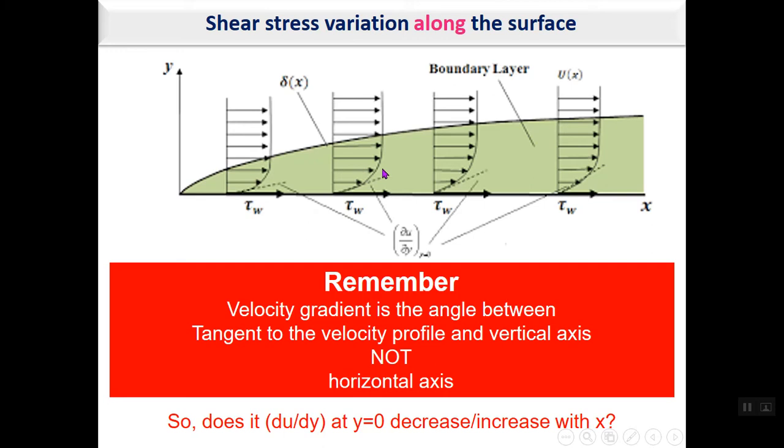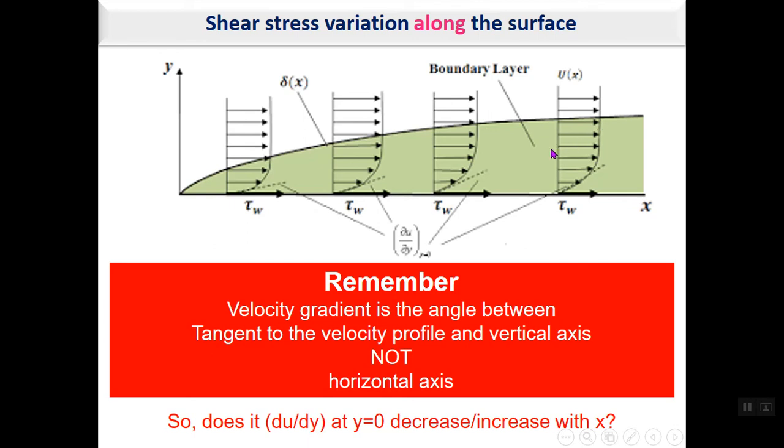As you go further downstream, you can see that the thickness of the boundary layer, delta, will increase. But again, the velocity should reach from 0 to the free stream velocity. So the velocity at the surface is 0, and the velocity at the edge of the boundary layer is u infinity.